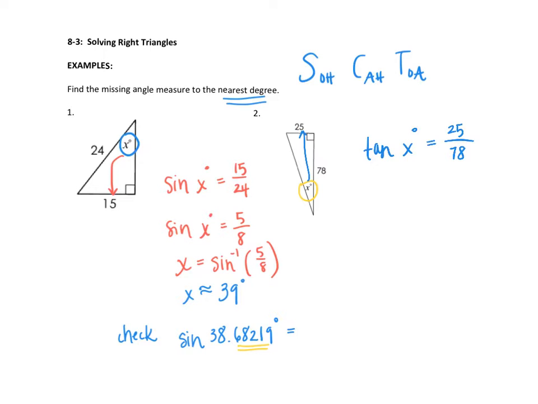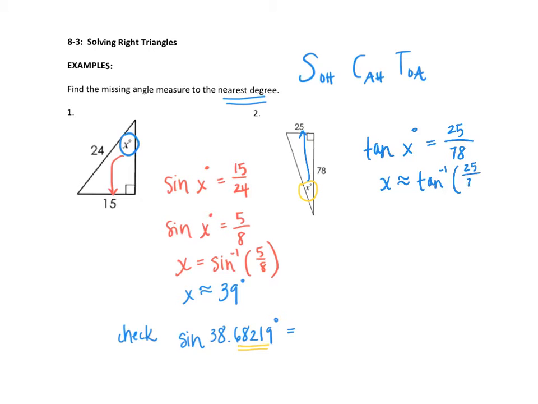And now you need to determine, okay, how am I going to find that angle? Well, you can't plug in the tangent of a number, so I'm going to have to use the inverse of tangent. And so this is how we write this. I leave the x on the left, and then I write the inverse of tangent.